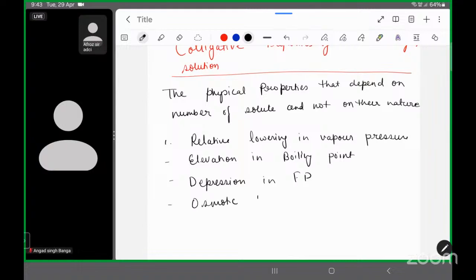These are the four colligative properties which we have to discuss in detail.